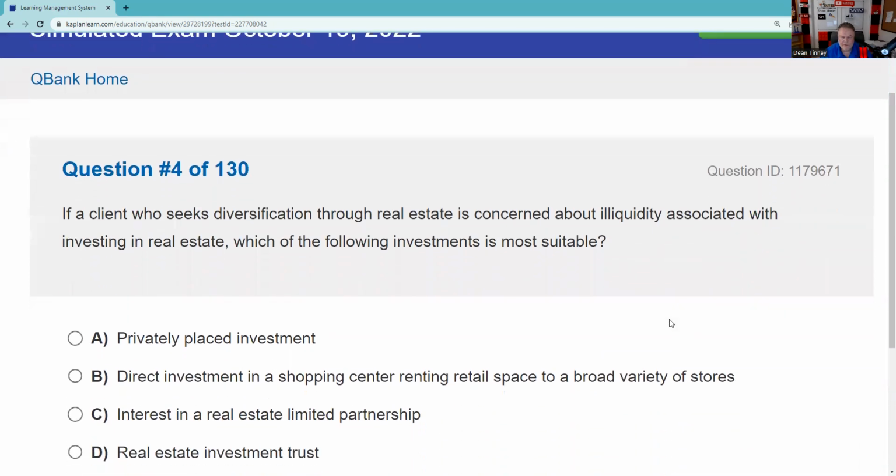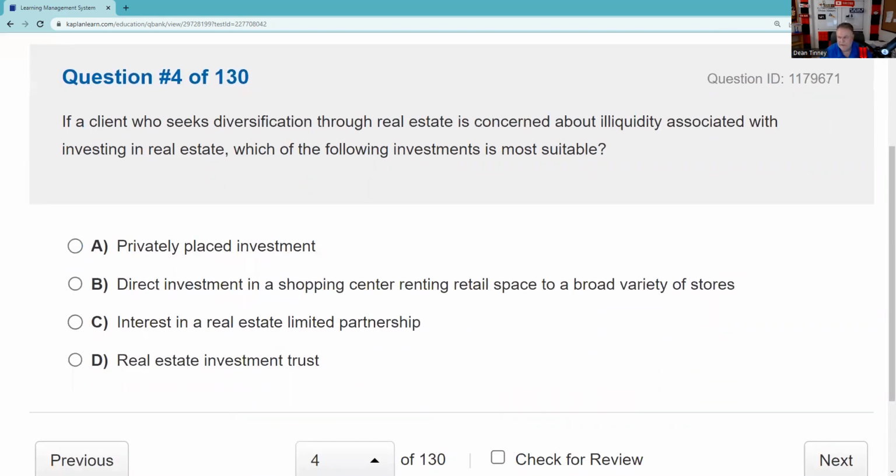A client seeks diversification through real estate but is concerned about illiquidity associated with investing in real estate. Which of the following investments would be most suitable? You should definitely know that partnerships are not liquid. You can't get in or out of a partnership without the permission of the general partner. That is not true of a REIT. You don't need permission of a general partner to sell your REIT to someone else.